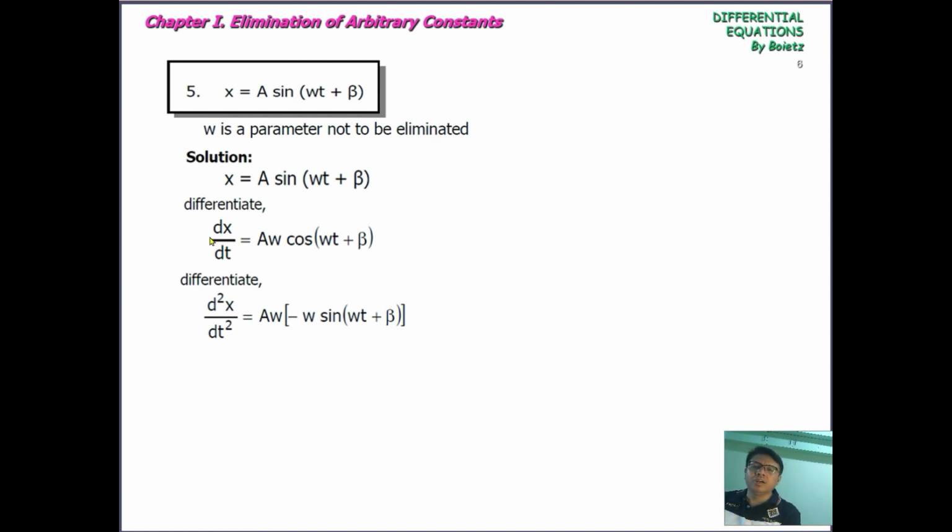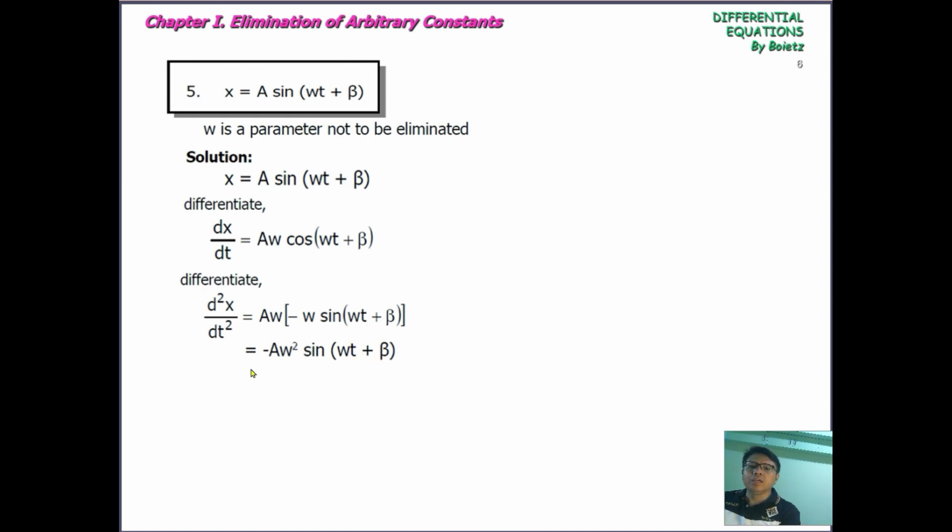Ito constant yung AW. Ang derivative ng cosine u is negative sine u. The derivative ng u is W. Kaya negative a w times w sine of wt plus beta. Simplify. Negative A W squared sine wt plus beta.